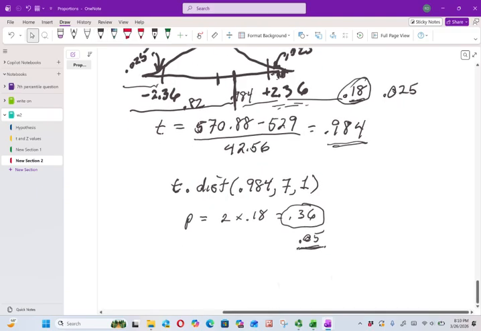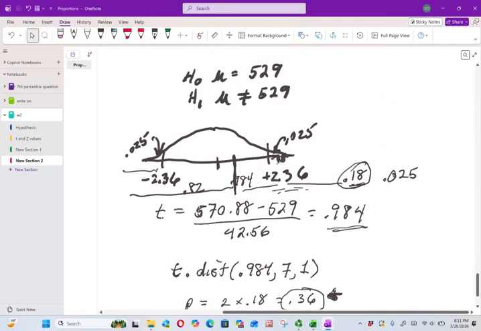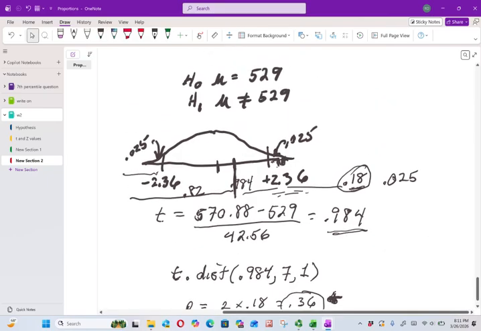In this particular example, we fail to reject at the 0.05 level, and we can report that. But also, if someone asks how close we were to rejection, we compare the 0.36 to the 0.05. We're nowhere near the rejection region. So for this one, we would fail to reject the null hypothesis that the actual average is 529.